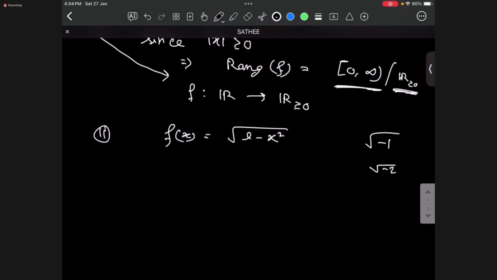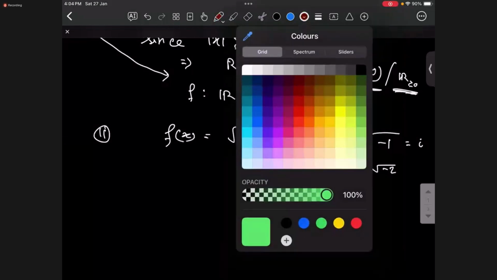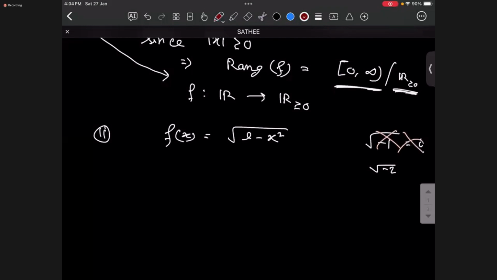This has a different notation: the square root of -1 equals i, which is the representation of complex numbers. Here we are not dealing with complex numbers, so we will not allow this scenario. We will only allow the square root of some number that is greater than or equal to 0.